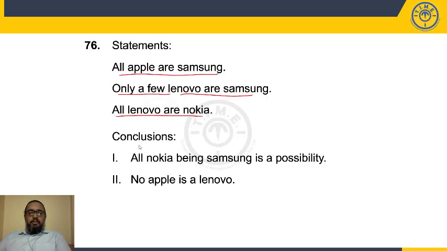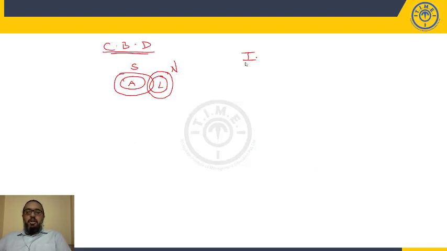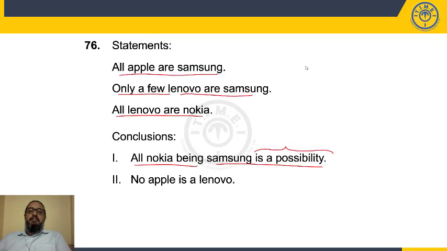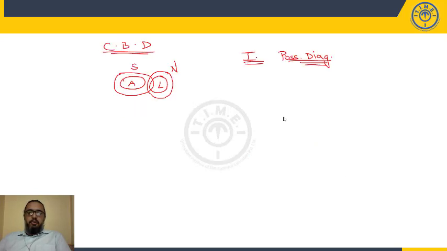Now coming to the conclusions. All Nokia being Samsung is a possibility. Since he himself says it is a possibility, it's a possibility diagram. So we will draw it separately, and whatever he has given, we draw it as it is. What is given? All Nokia being Samsung.